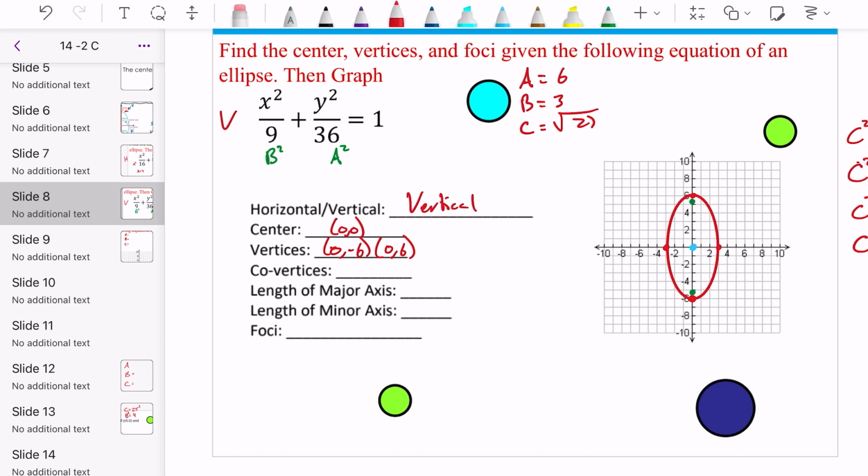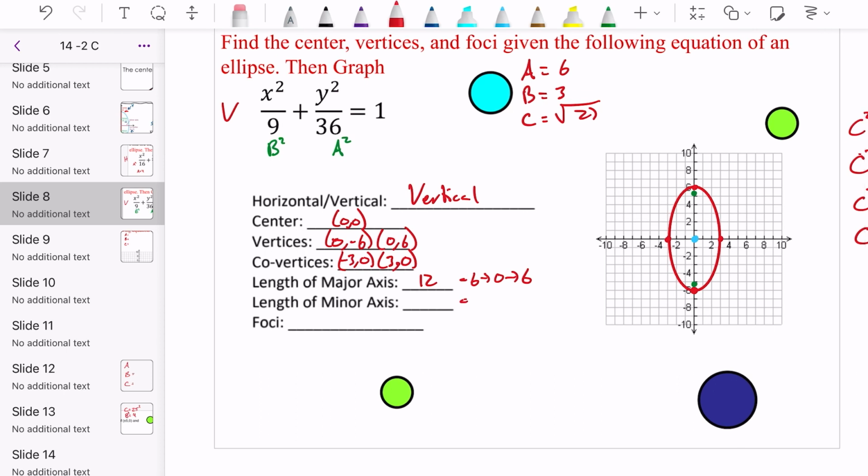Co-vertices, we're going to be going to 3, so (-3, 0) or (+3, 0). For the length of the major axis, you're looking from -6 to 0 to +6, which would give us 12. And the minor axis would give us from -3 to 0 to 3, which is 6.